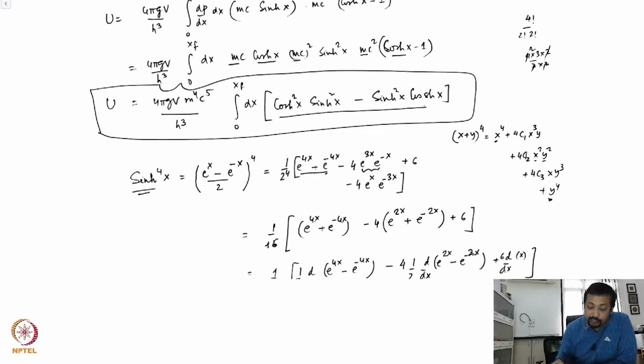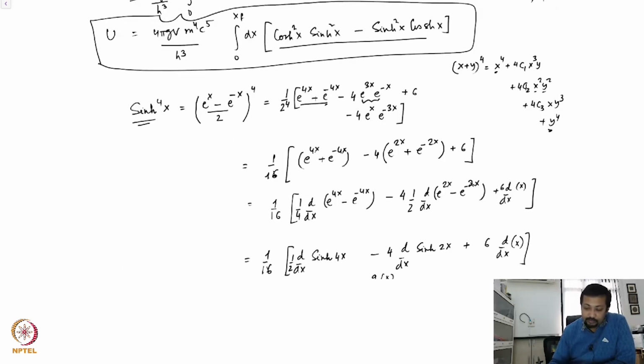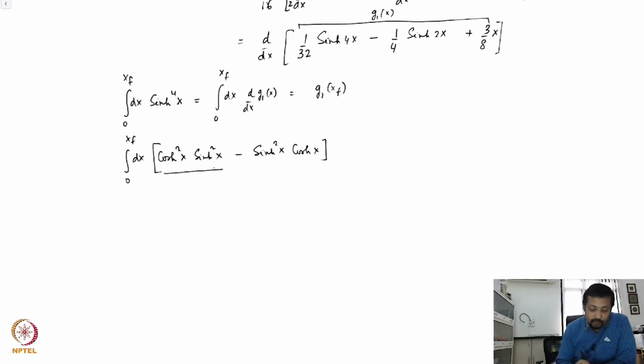Let's look at the energy. Now I have two terms over here, 0 to xf dx cos square x sin square x minus sin square x cos x.